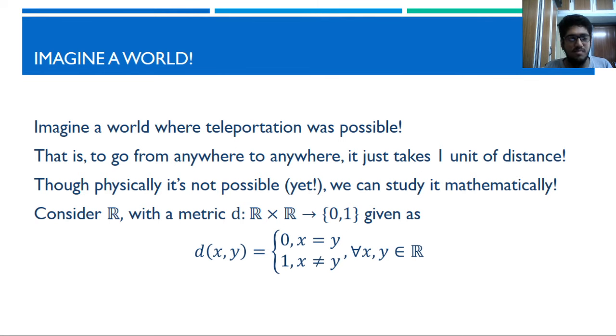Consider R along with a metric d from R cross R to the closed set {0, 1}. Notice a couple of things. One, here the codomain is the set {0, 1}. Two, it is not equal to the closed interval [0, infinity).